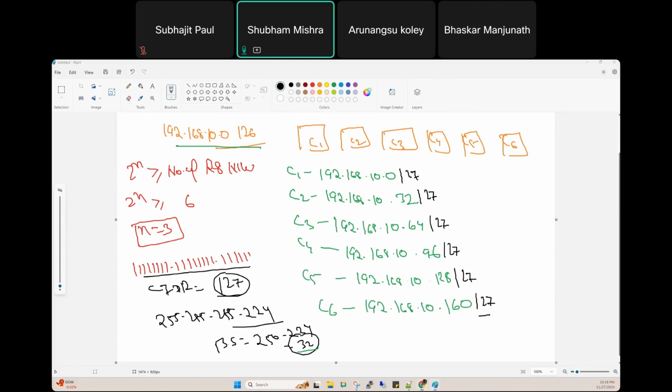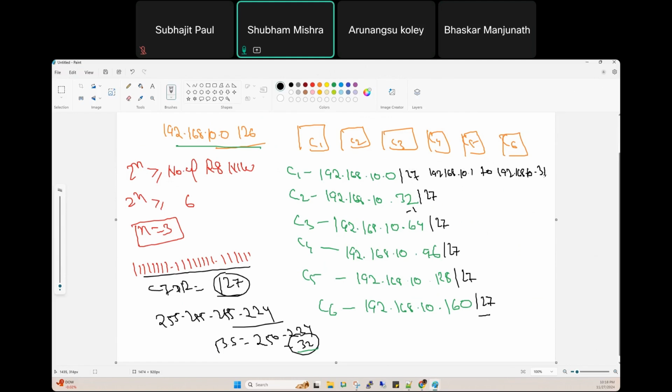Now tell me, come to client number 1. Tell me what will be the valid IP address? Who can tell me the number of valid IP addresses? What is the range? 192.168.10.0, and the last is 32 minus 1, so 192.168.10.31.